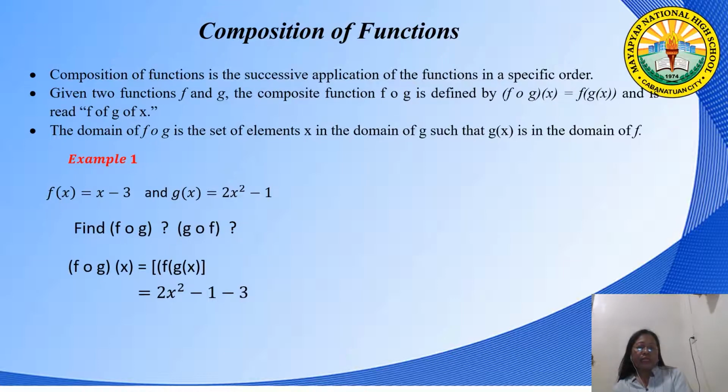Then, combining like terms, f composed of g of x equals 2x squared minus 4.